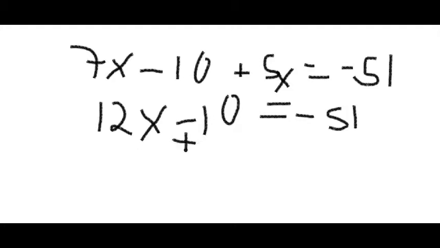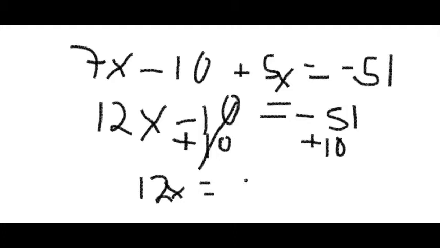We need to get 12x by itself, so we'll add 10 to both sides. So then we're left with 12x equals negative 51 plus 10, which is negative 41. Then we have to divide both sides by 12, and you get the answer. Same philosophy applies in number 70.